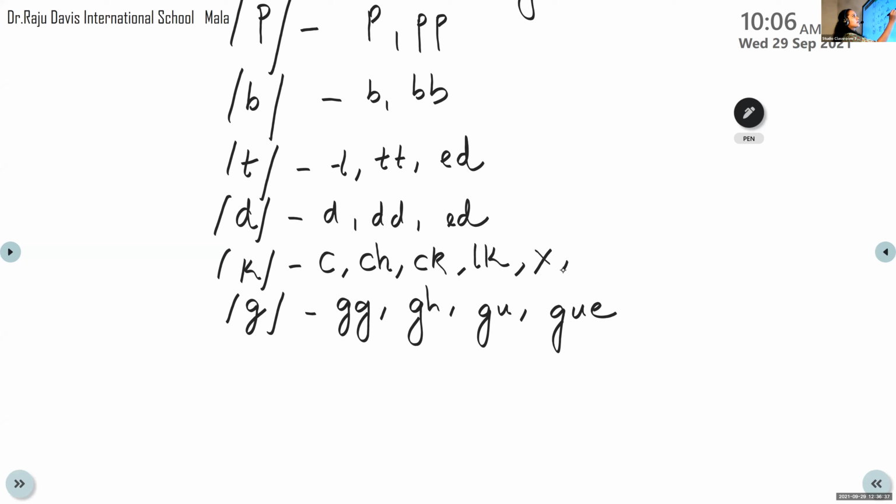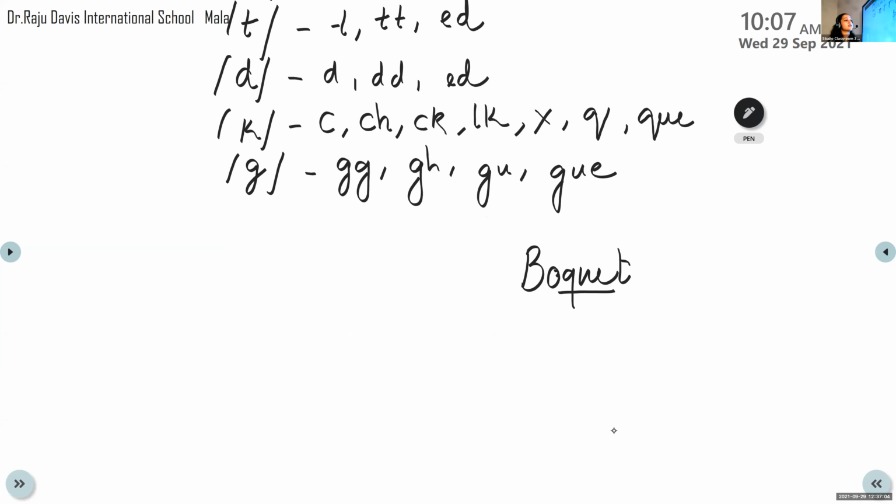Okay. Next, Q, like queen, gives you the K sound. And also QUE, like in bouquet. If you see this word, QUE here gives a K sound, bouquet.